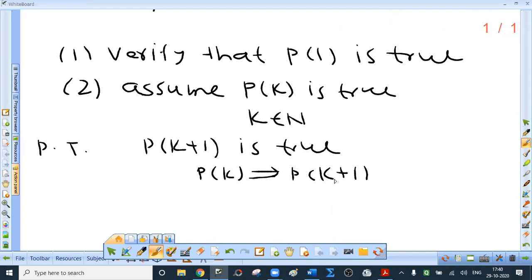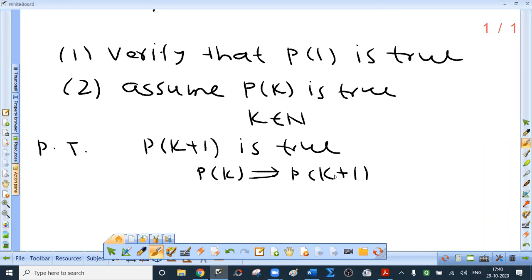So arguing in this manner, we can say that the result is true for all small n belonging to capital N. Right? So we can say that the proof of proposition P of n by mathematical induction consists of 4 steps. The first step is called as foundation. We verify that P of 1 is true. That is, verify that the given result is true for n equal to 1.